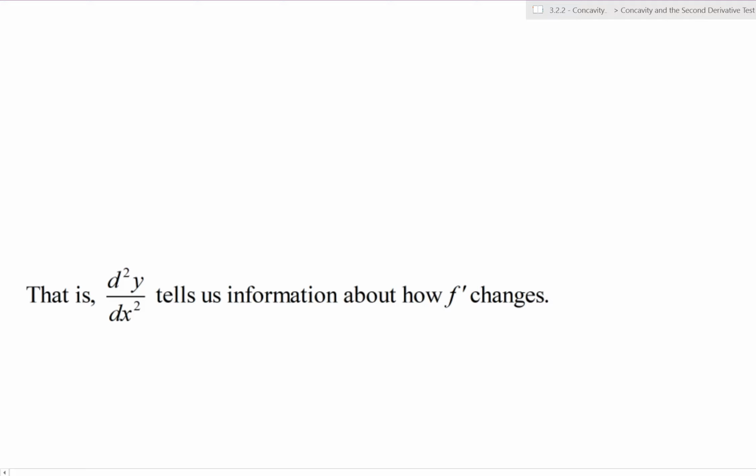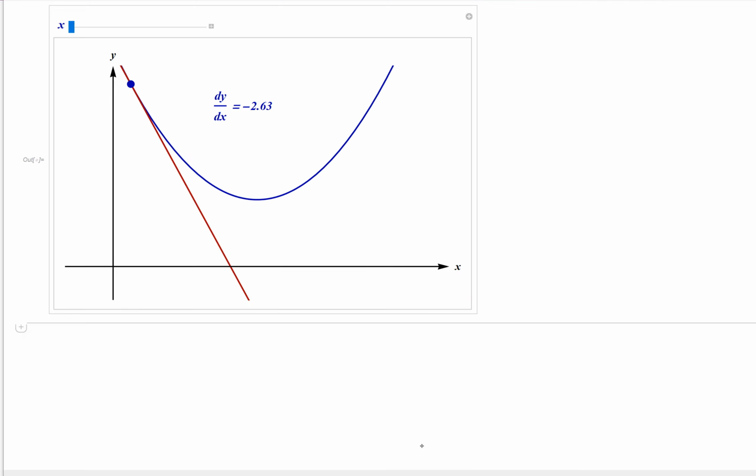Now I want to take a look at a couple of pictures here. This one first. Here is just some function that looks like a parabola of some sort. What we have on the screen is the function, obviously, the blue function. And we have some point on this function and the corresponding tangent line associated with that point.